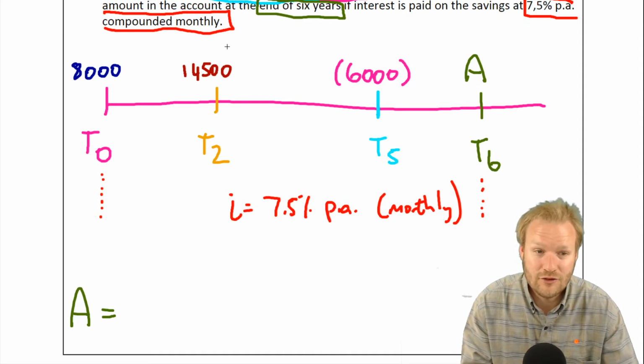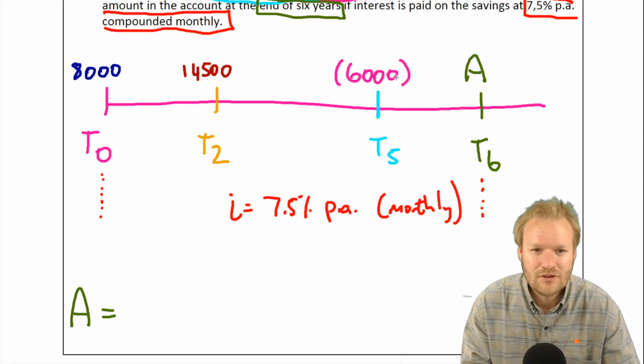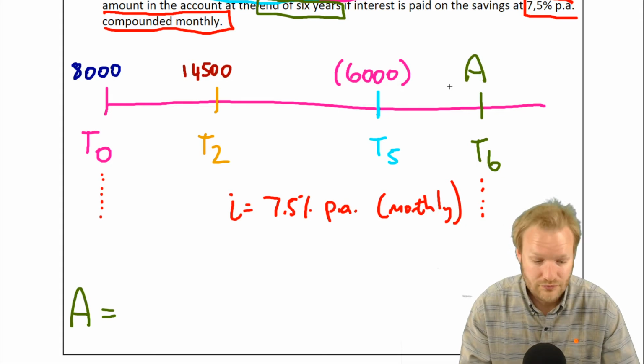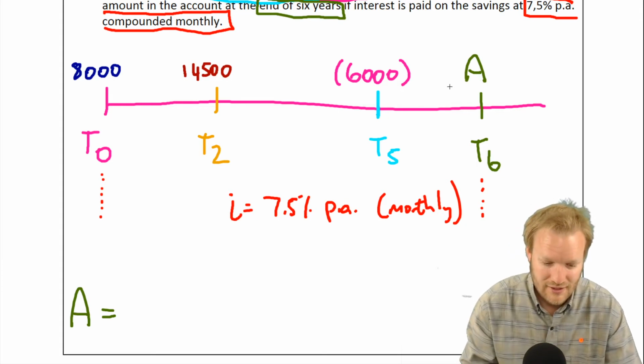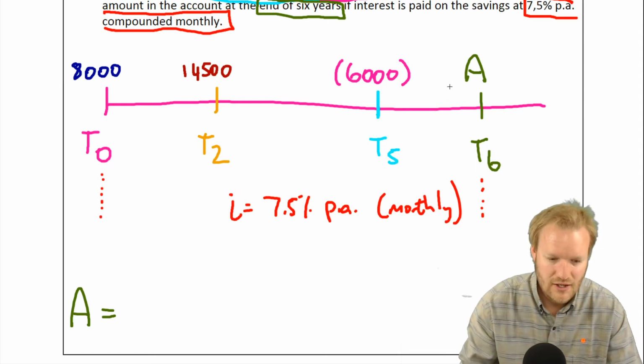Then we're going to add the 14,500 Rand that we're going to invest from T2 to T6, so for 4 years at least. And we're going to subtract the 6,000 Rand and all the interest it accrues. Okay, quite a bit. Let's see how we can put this down and have this ready.